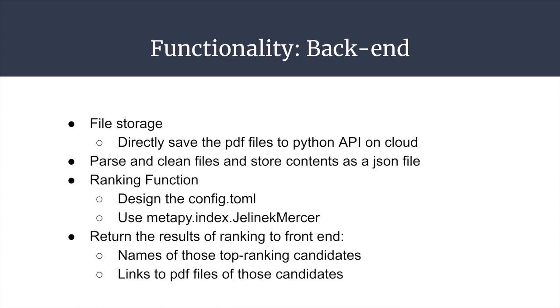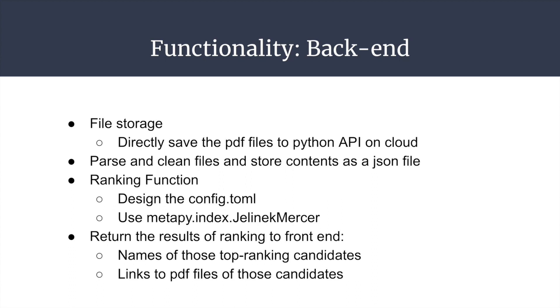So we designed the config.toml, and then we also used the metapy index Jelinek-Mercer. We tried different methods for ranking, and we found out that this method works the best. And then we return the results of ranking to the front end.